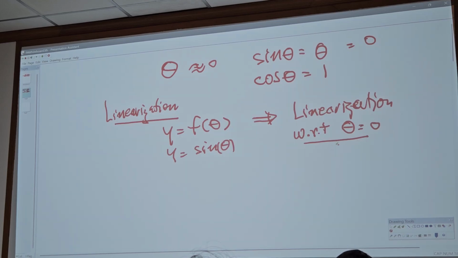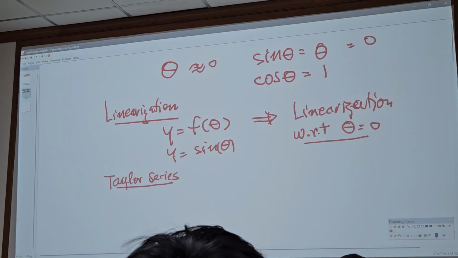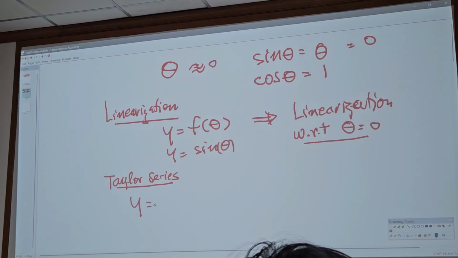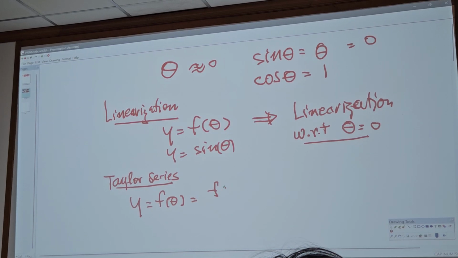How can we write this one? We can use the Taylor series. Have you heard about this? Every function can be written as a Taylor series, in terms of this one.